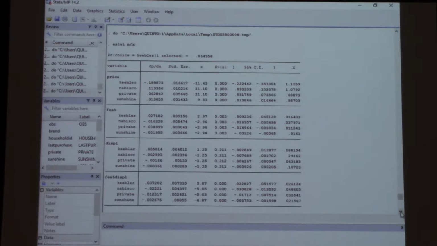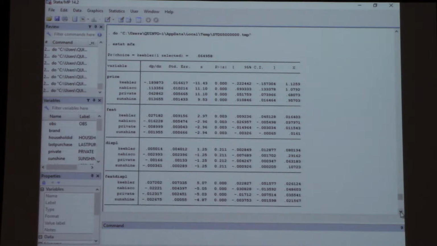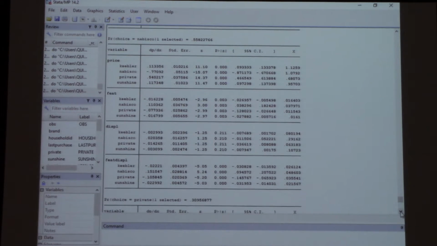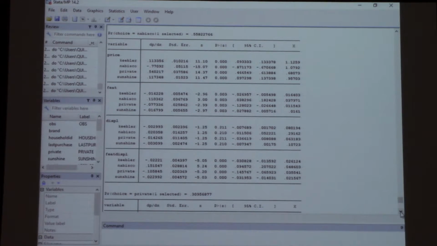And then feature and display are again positive for own effects, negative for cross effects, and we can see this pattern holding for not just Keebler, but for Nabisco. And again, display is statistically insignificant.